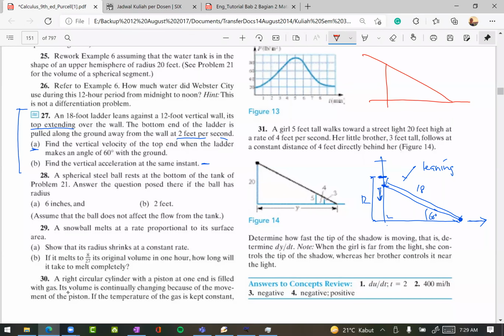There we go. This is 18. This is 12. This is x. So y is always 12. See the picture?